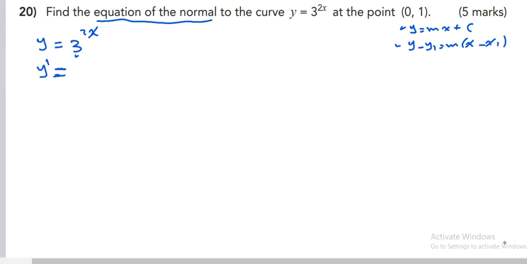If it's a number, otherwise e, there are three parts. The first part, write the same function. Sorry, it's not e, it's 3. Write the same function. Multiply by the differentiation of the power, it's 2. And then this part, ln of the base.